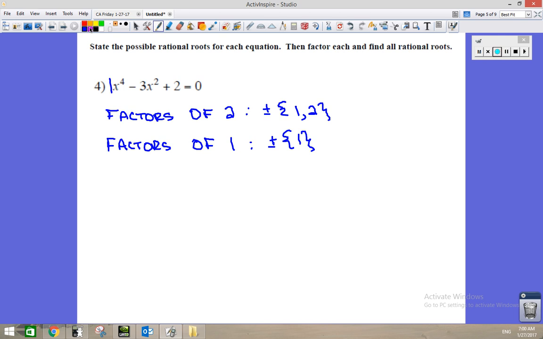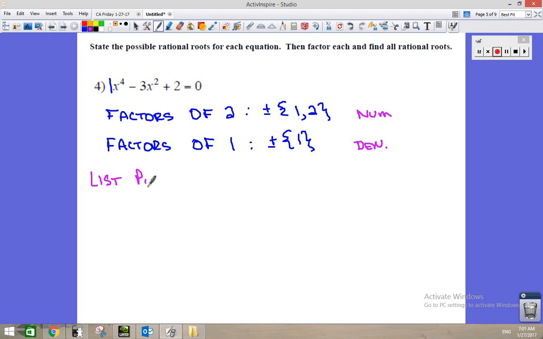So the factors of the constant term become a numerator, and the factors of the leading coefficient a denominator. And we've been dividing by 1 so far in these problems, so you'll like that. Whenever this leading coefficient is 1, we won't have fractions to worry about. And when this other constant is a prime number, the list is really short.